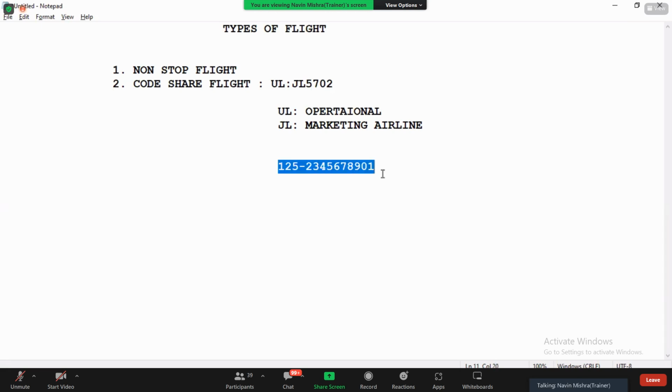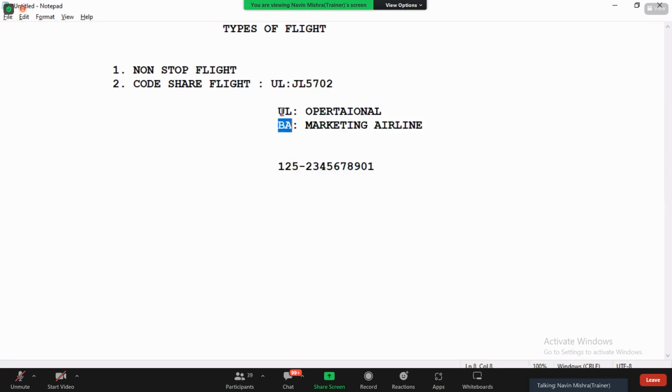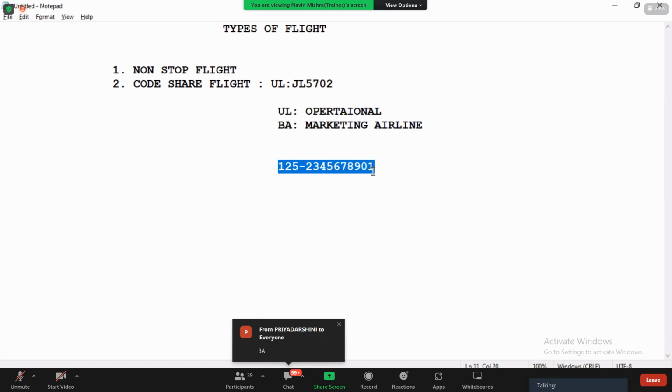And this is the same example given here. Now, the passenger has to sit in which airline? British Airways or Sri Lankan Airlines? You all tell me if this is my ticket number. Tell me which airline is going to be used by the passenger.